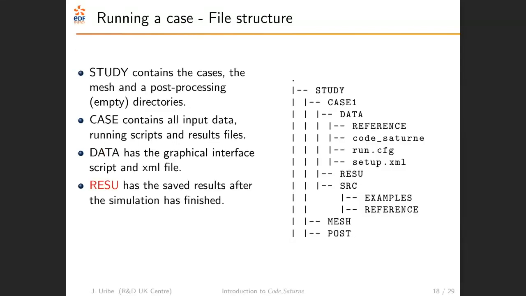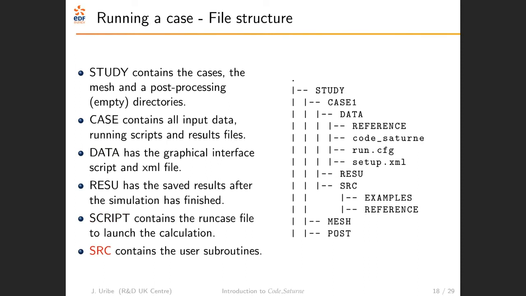You have the results file, which is where the code stores the results after it has run, and you have a SRC directory that contains any subroutine that you want to use and create. If you use minus copy ref, these directories will appear there. If you don't, then they're not copied.